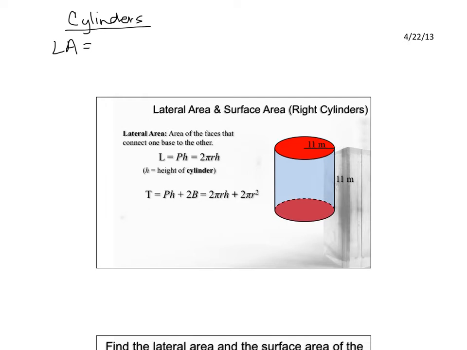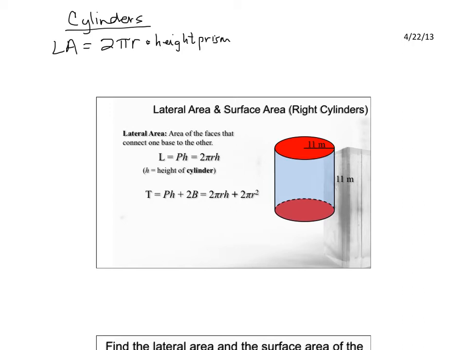Now, the difference is on a cylinder, it's made up of two circles and a rectangle. So when we're finding this, the perimeter is actually the circumference. So when we find the circumference, we're going to take 2 times pi times the radius, and then take that times the height of the prism.